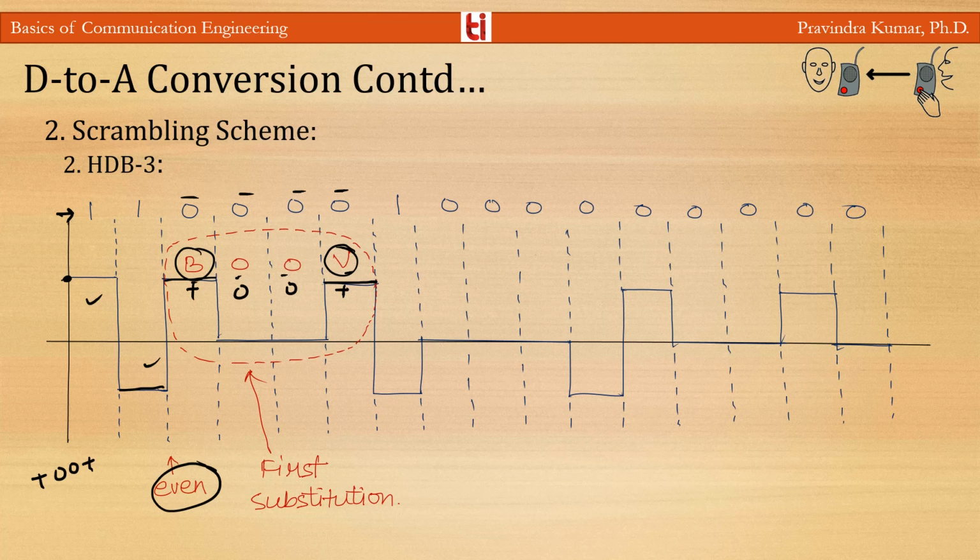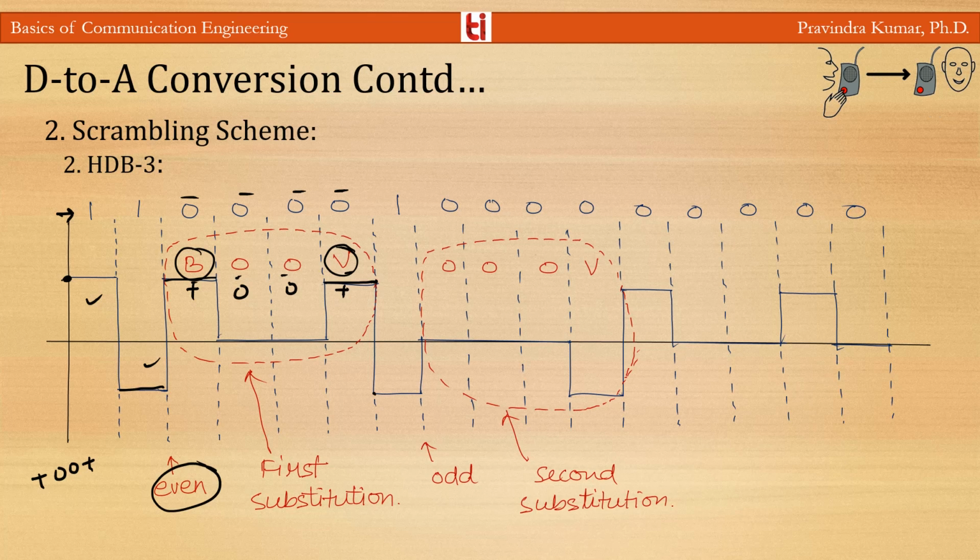And next, here you can see up to this point, if this is represented by 1, because according to the AMI rule it is represented opposite to the previous. So here you can see 1, 2, 3, 4 and 5.